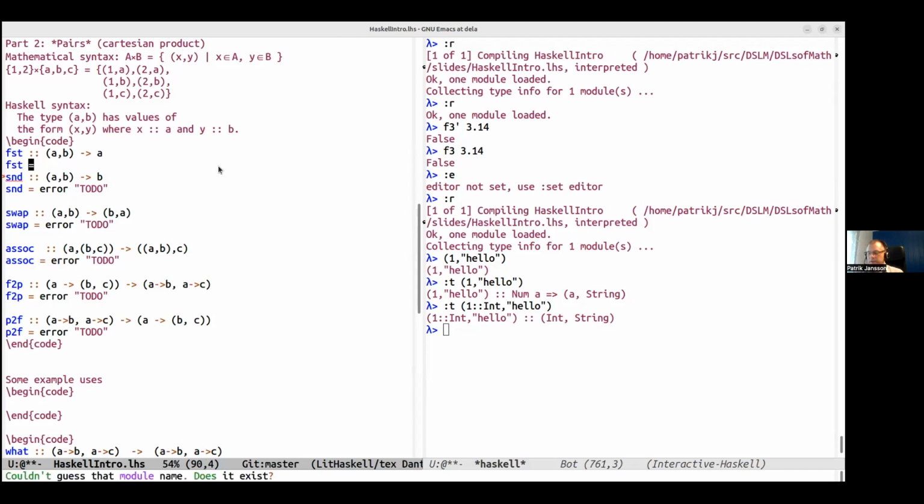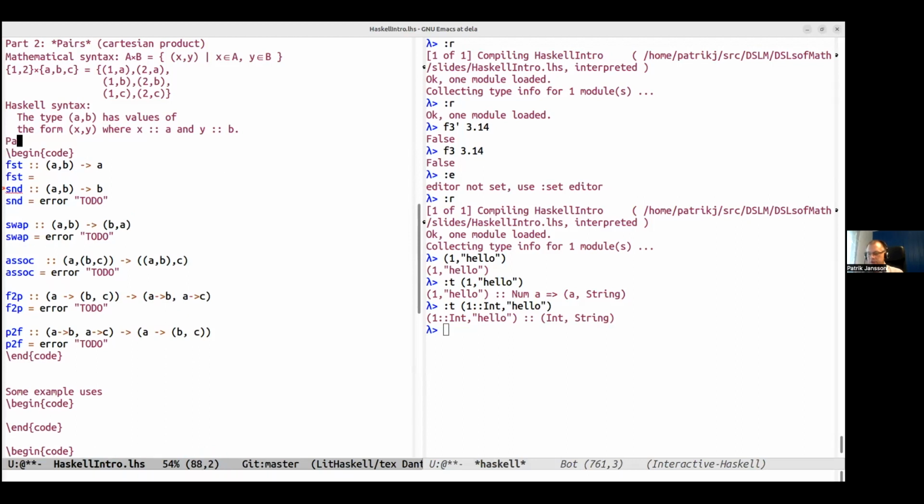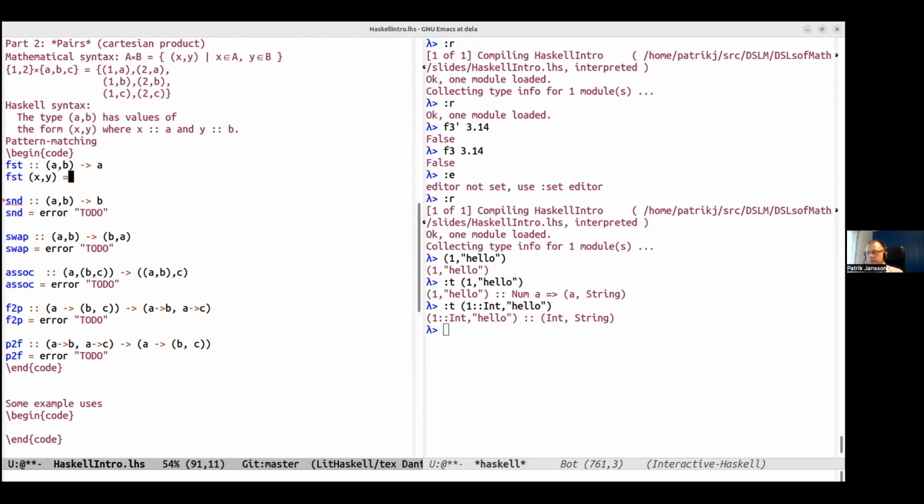And nicely, we have what is called pattern matching. As we know that the input to first is a pair, we can write, okay, it takes X and Y as an input. And then the question is, what can we write here as the output?